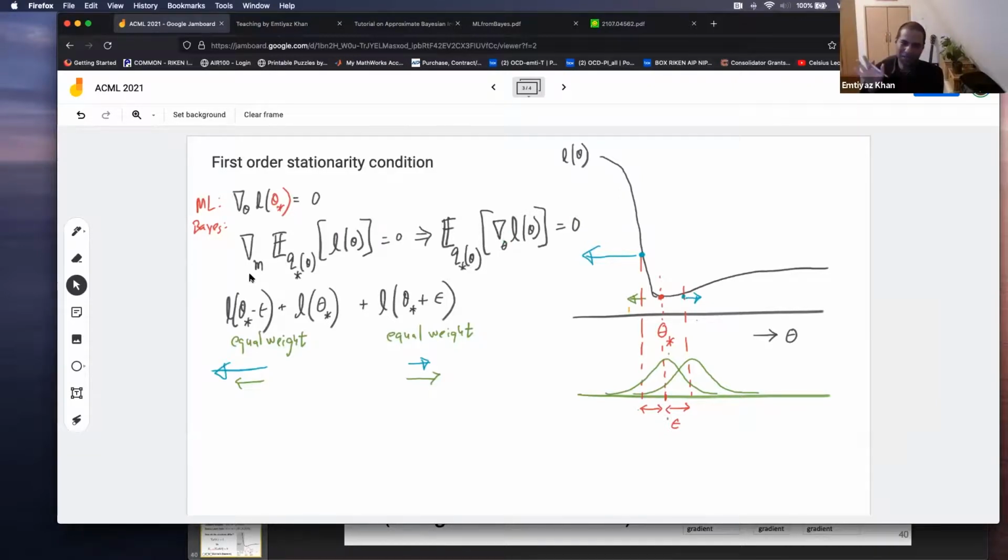It's in the paper that you can write the gradient with respect to m with the gradient with respect to theta, okay? So essentially this stationarity condition implies that the gradient should be balanced around the mean, okay?